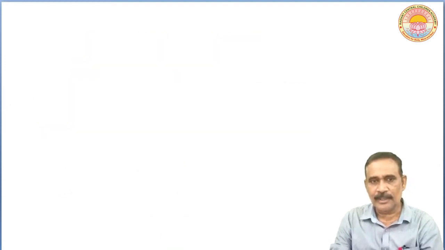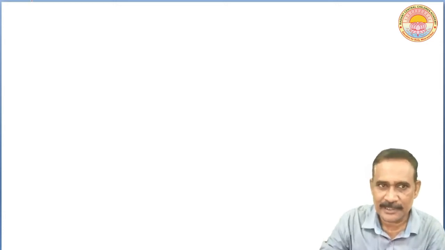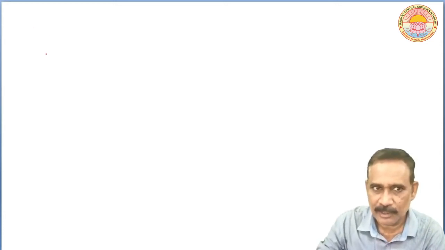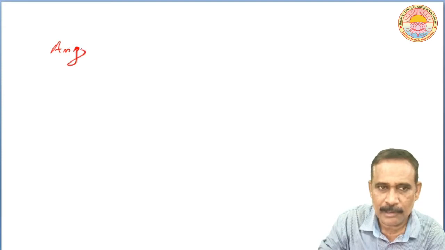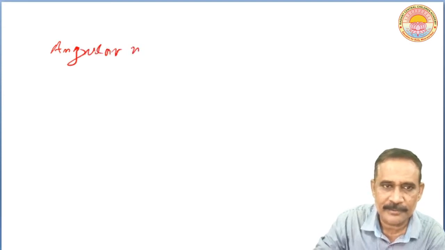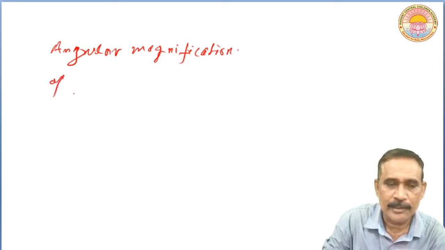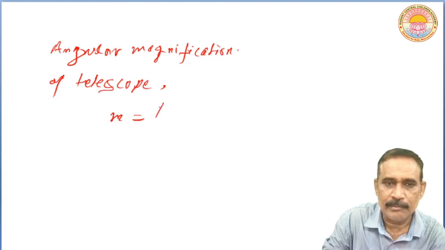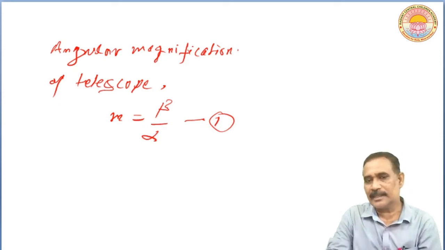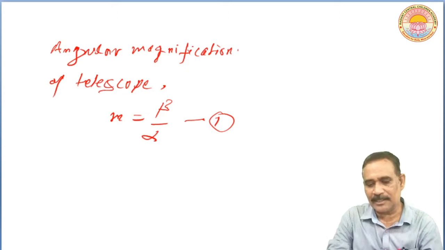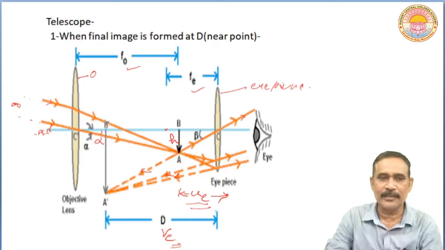Now the angular magnification of the telescope, m equal to beta by alpha. This is the first equation. Beta is the angle subtended by the image, and alpha is the angle subtended by the object. Once again you see the figure.